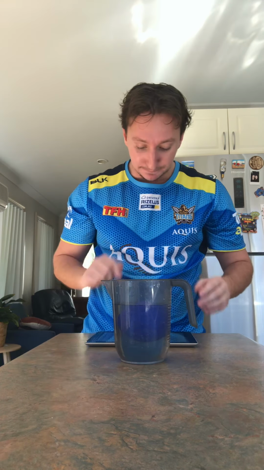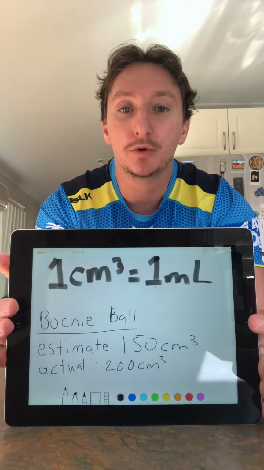That means this bocce ball pushed up 200 millilitres of water, and I know that 1 millilitre equals 1 cubic centimetre. So the ball takes up 200 cubic centimetres in our real world.